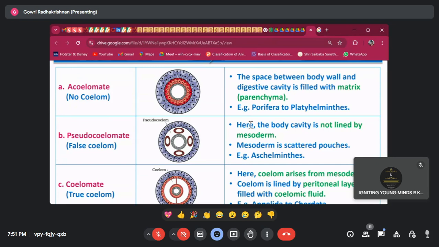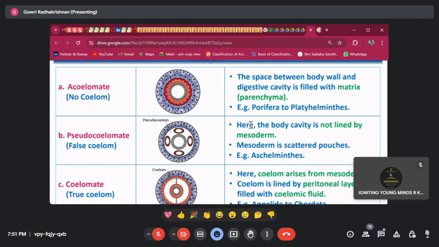Acoelomate, or no coelom. The space between the body wall and the digestive cavity is filled with a matrix called parenchyma. That is Porifera to Platyhelminthes. They don't have a coelom.